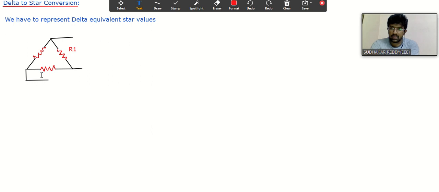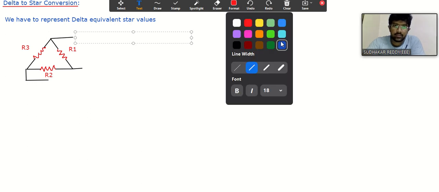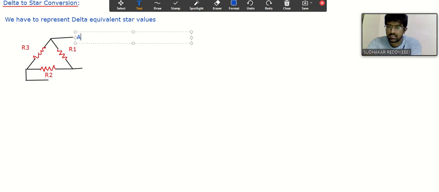So we need to represent equivalent star for this delta. We'll see how to find out equivalent star for this delta. Right. As usual, the outcoming terminals I will consider in some other color. Here I consider the outcoming terminal as A, and this terminal as B, and this terminal as C. Right.